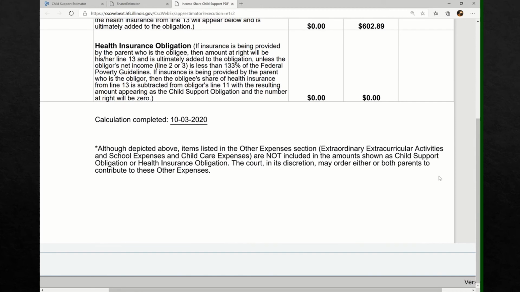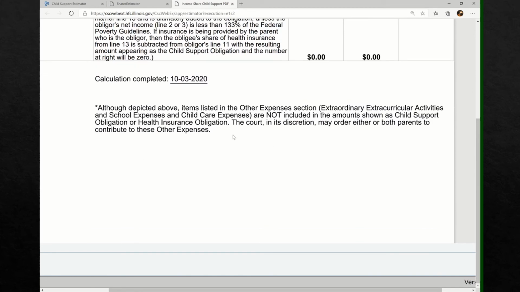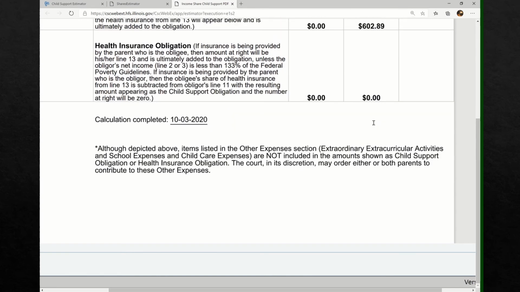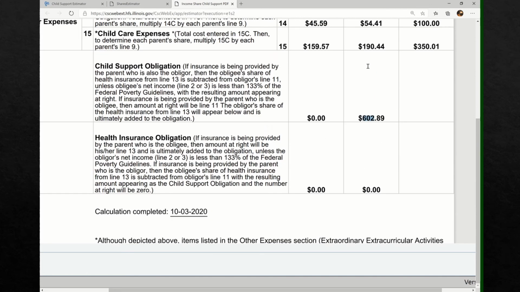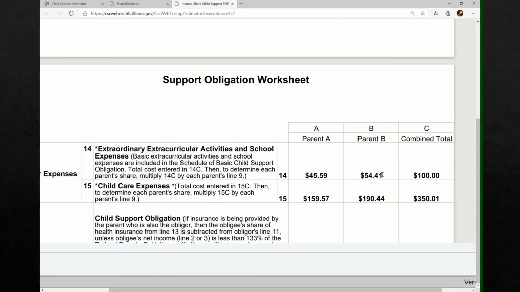And basically it just says that although depicted above, items listed in other expenses are not included in the amount shown as child support obligation. Basically what it's saying is this is your obligation just for the basic obligation part. For any additional expenses, the obligations are split in this way.